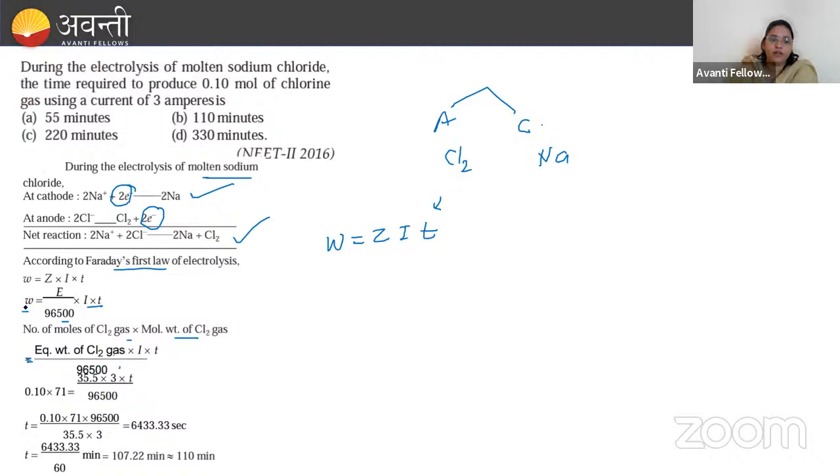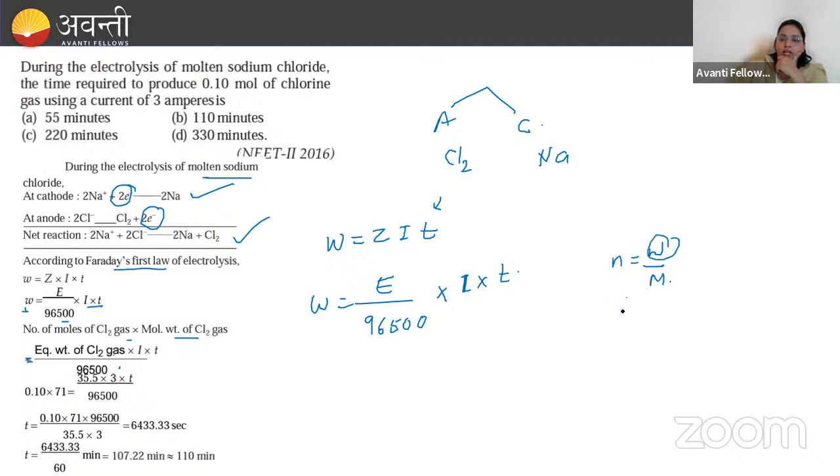Weight is the number of moles into molecular weight, which I have written here. So W is equal to E upon 96500 multiplied by I multiplied by T. You know the formula: number of moles is equal to weight upon molecular weight. So number of moles into molecular weight is equal to equivalent weight upon 96500 into I into T. The value of I is given as 3 ampere, and T we need to calculate. Number of moles is given as 0.10 moles, and you can calculate the molecular weight of Cl2 gas.